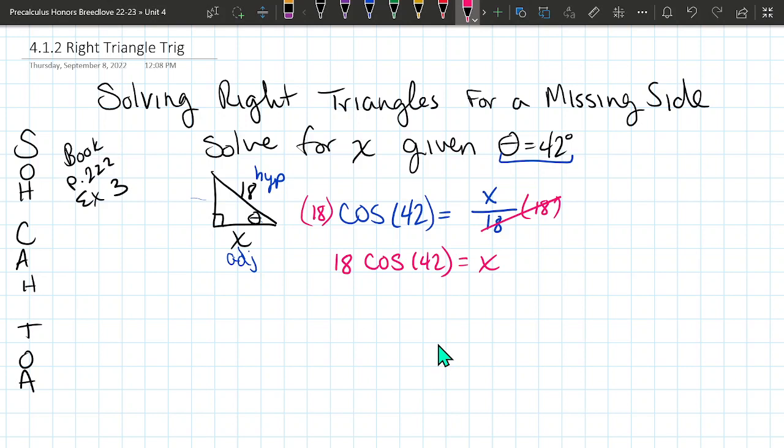The calculator will accept all three of those forms. And it will tell you that 13.376 equals x. It doesn't say what to round to, so we're just going to leave it.